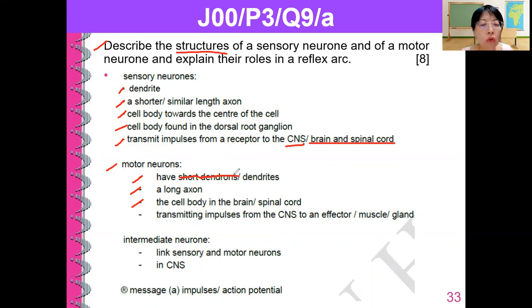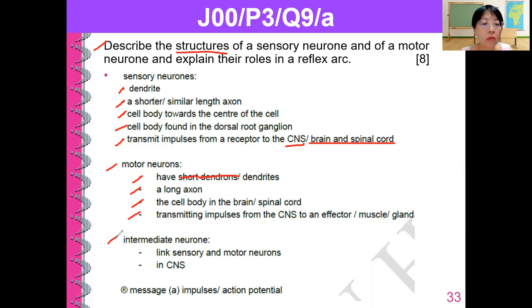I think for the motor neuron, it starts with dendrite, followed by cell body, followed by a very long axon. Okay, and the cell body is located in the brain or the spinal cord. So for a reflex arc, it is located in the spinal cord. It's to transmit electrical impulse from the CNS to an effector, which can be a muscle or gland.